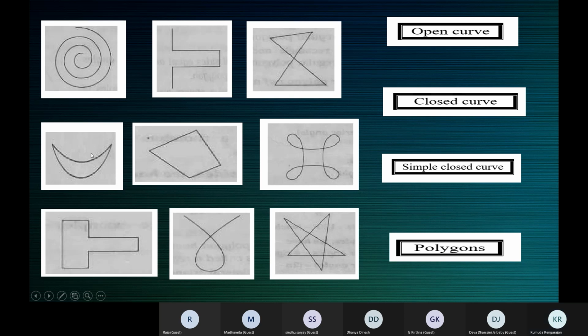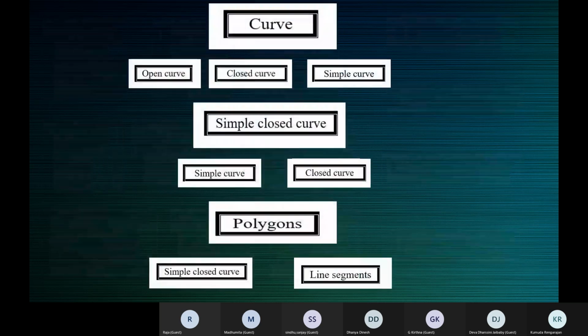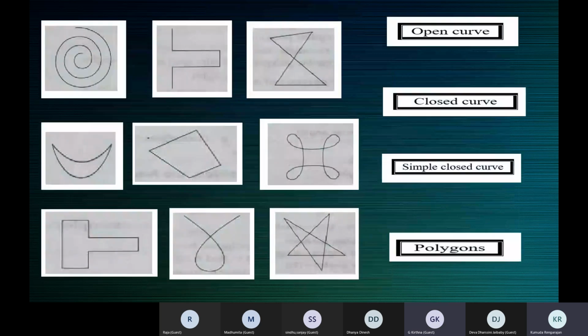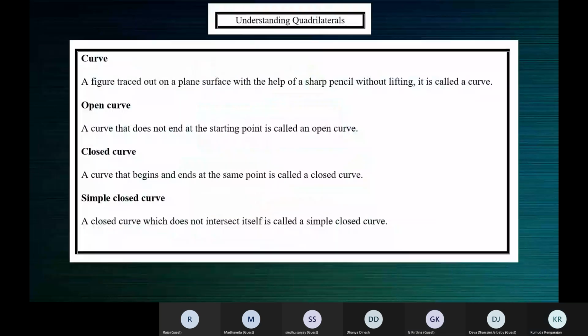All right, children. So I think by now you're sure about the terms curve, simple curve, closed curve, simple closed curve. Understand? Ma'am, can you show the previous slide 1 minute, ma'am? First one?